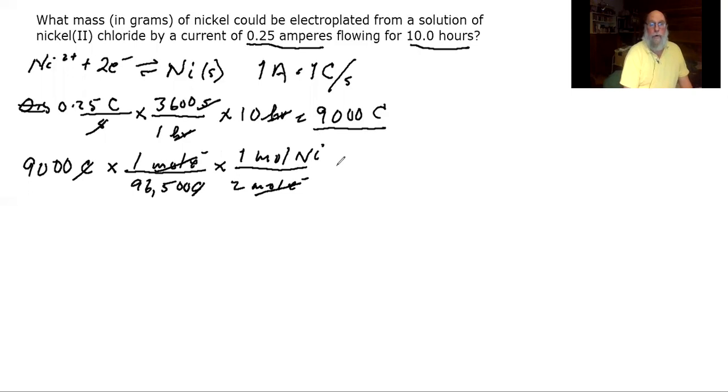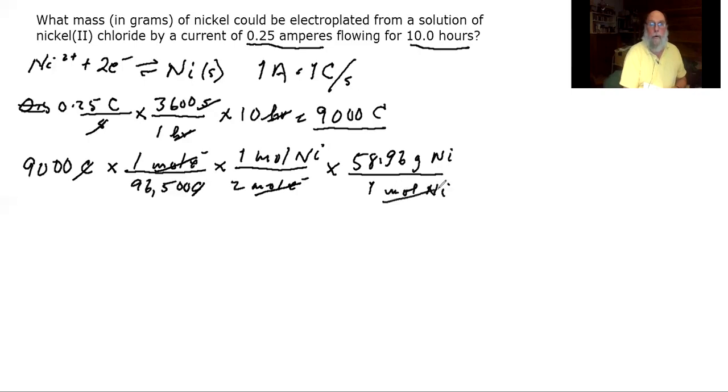So now we need to convert to grams. And so we multiply by the atomic mass. That's 58.69 grams of nickel for every 1 mole of nickel.